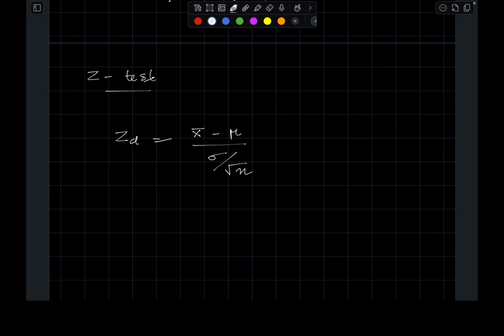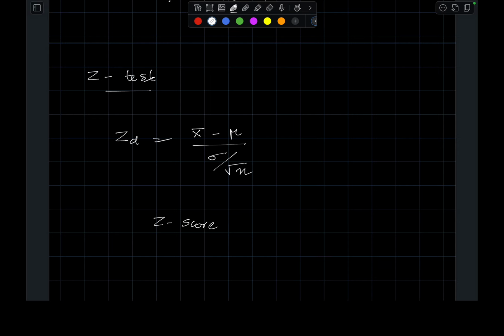I was having a small doubt regarding this Z score and Z value. First, initially we calculated the Z score, right? I was thinking both are the same. How are they actually different?